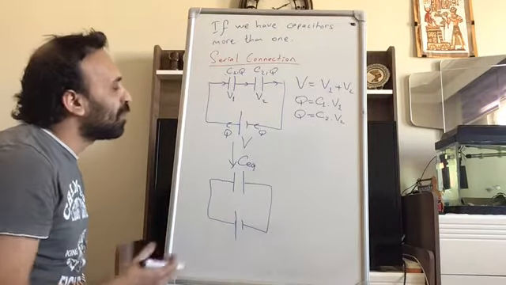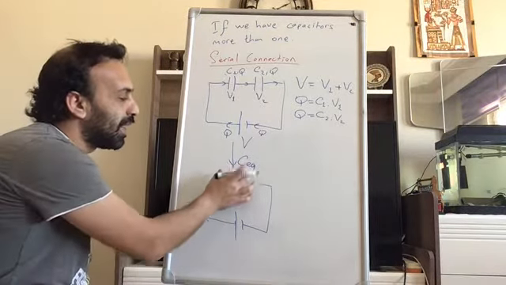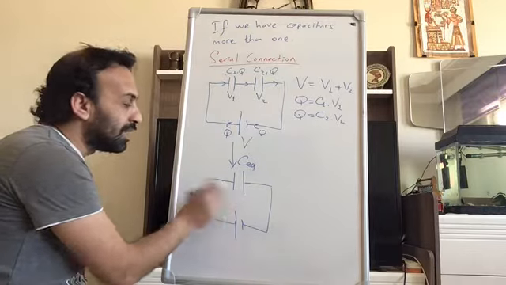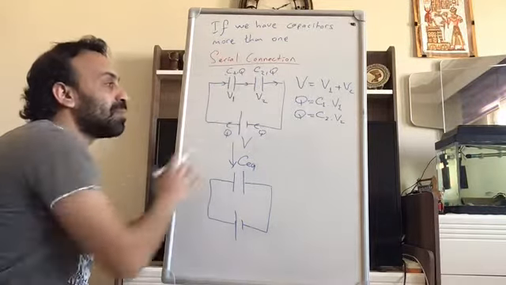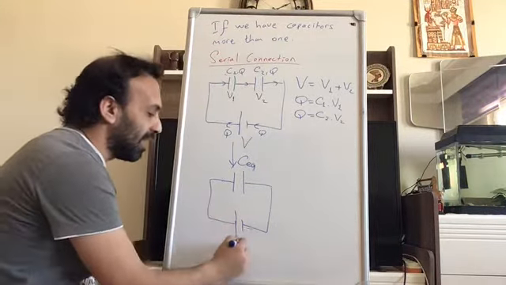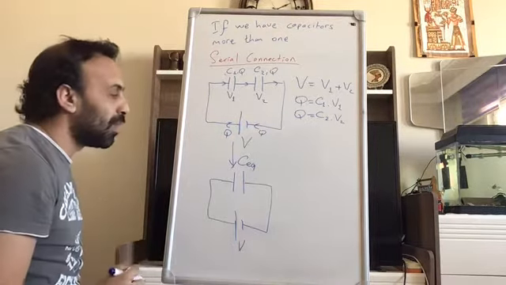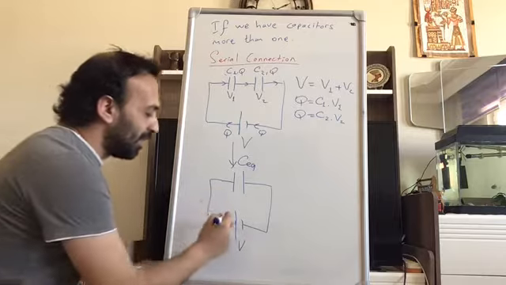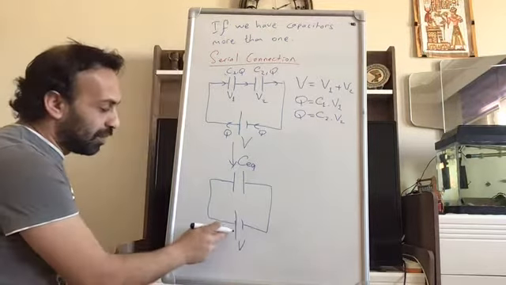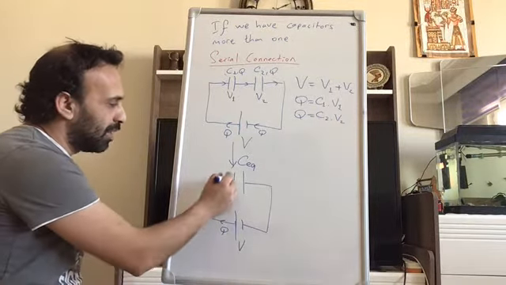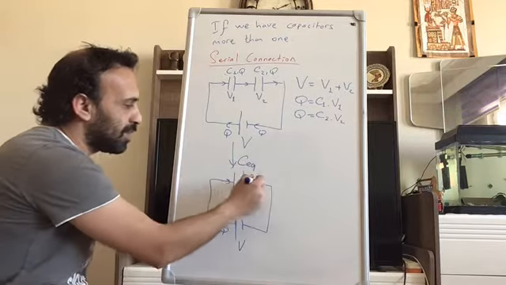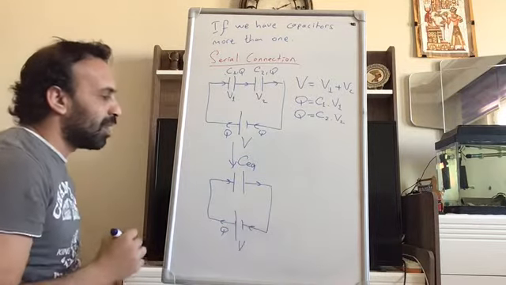So how much capacitance do I need in this system to store the same amount of energy without changing anything, with the same amount of Q and from the same power supply? So again, the Q amount of charge will start moving here, come to the equivalent capacitor and back to the power supply.